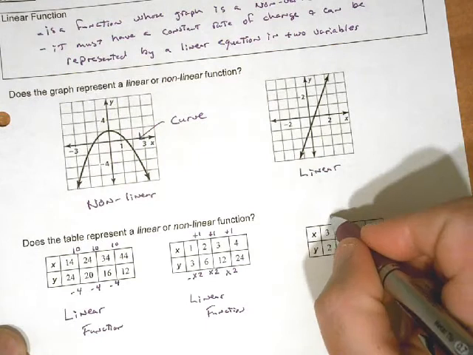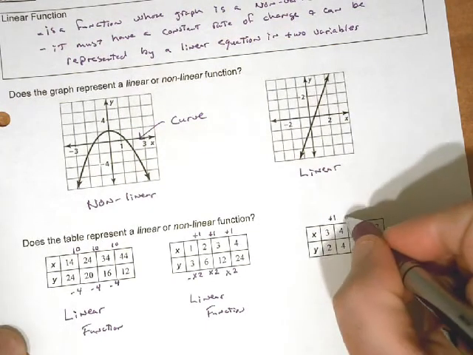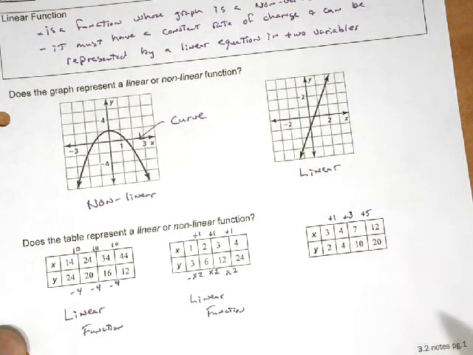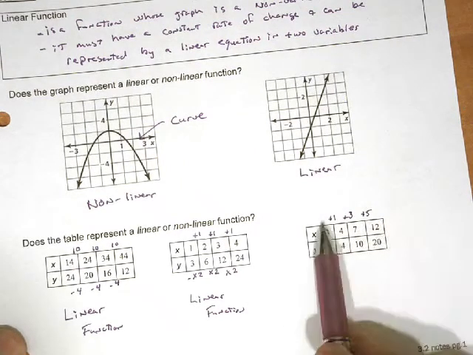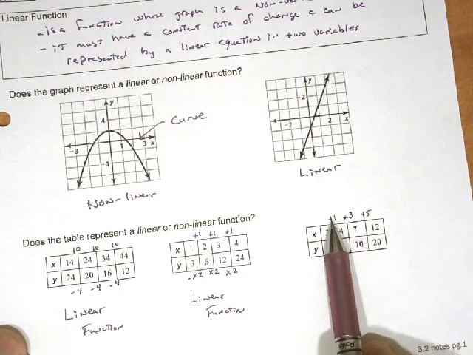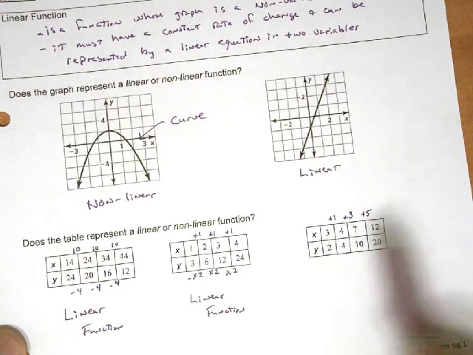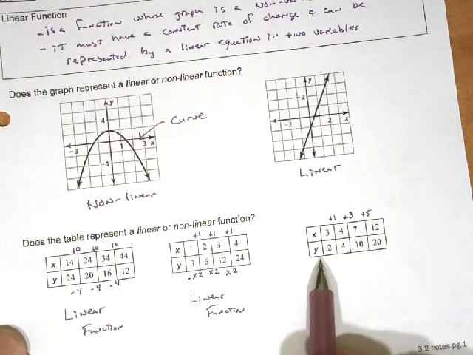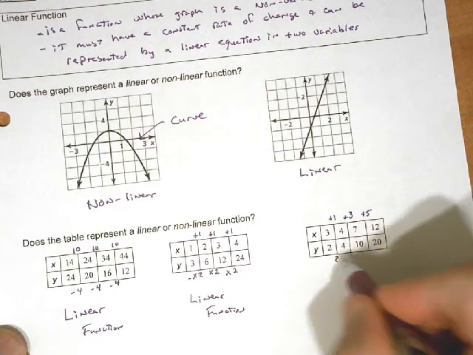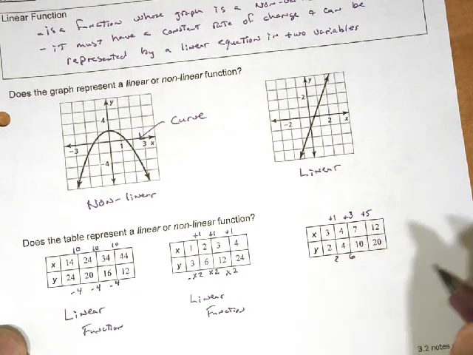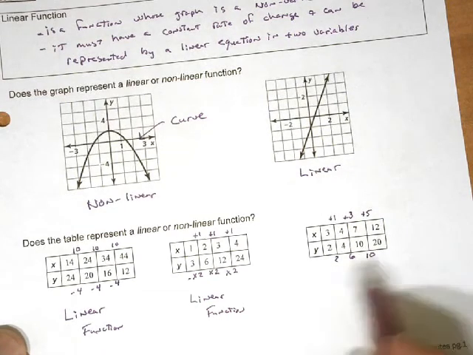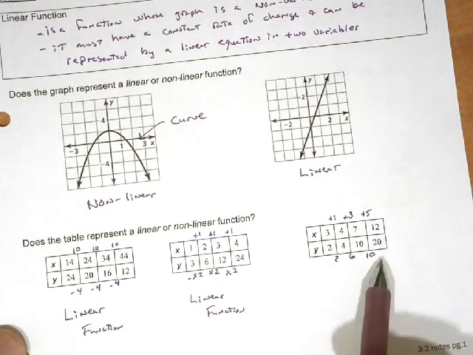Last one here. Starting at the top, looking at those numbers, we have an increase of 1, then an increase of 3, then an increase of 5. So we are increasing by our odds there. Next, checking the bottom here. Looks like we got an increase of 2, an increase of 6, an increase of 10.